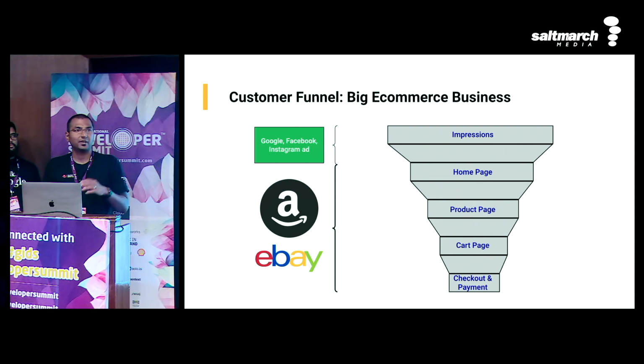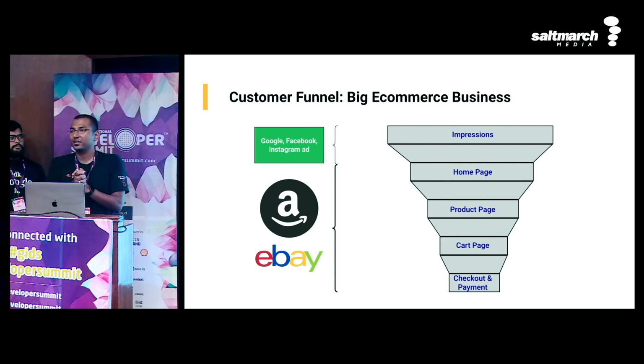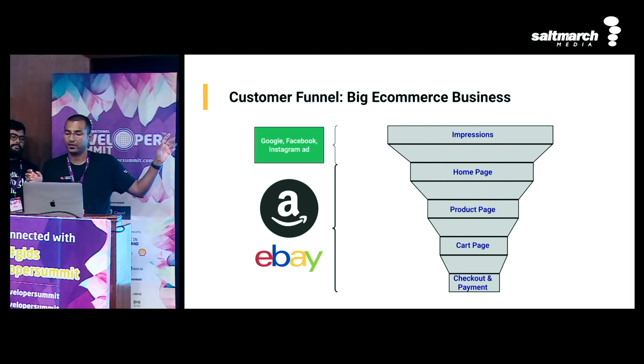They figure out their age group because you fill out the user info. So they segment the users based on that. They identify the behavior, and based on that, they show ads which are very specific and targeted for those customers using Google, Facebook, Instagram.